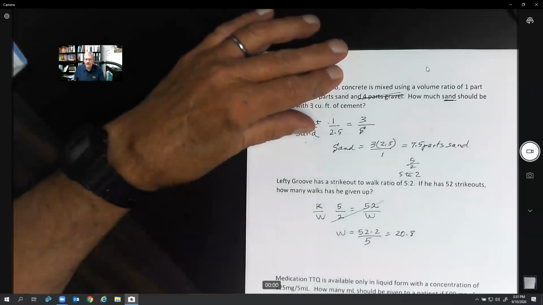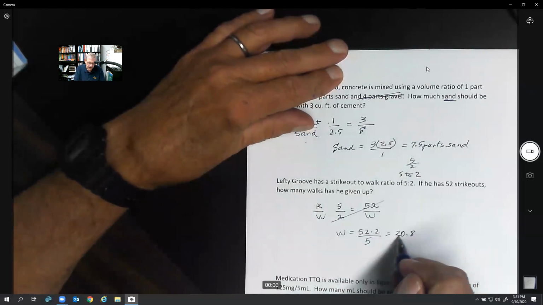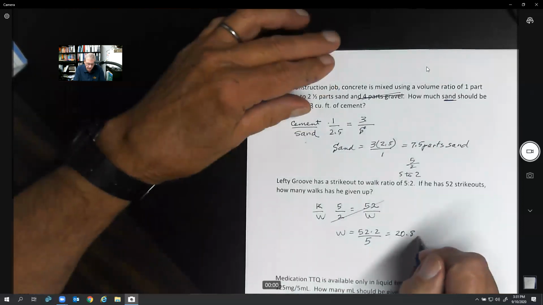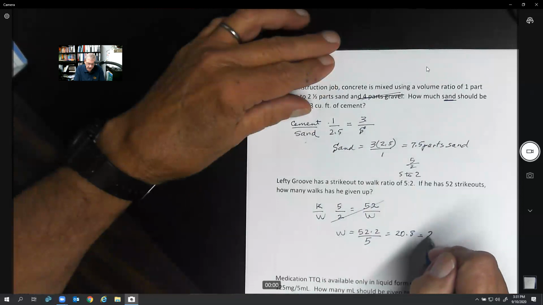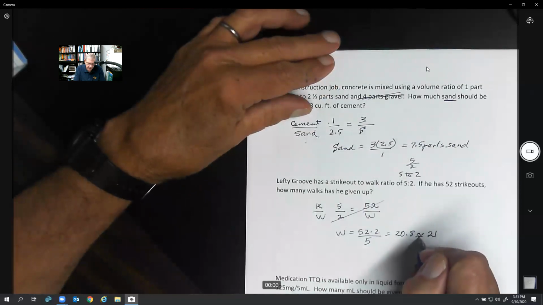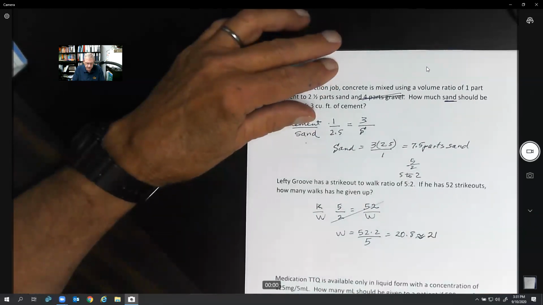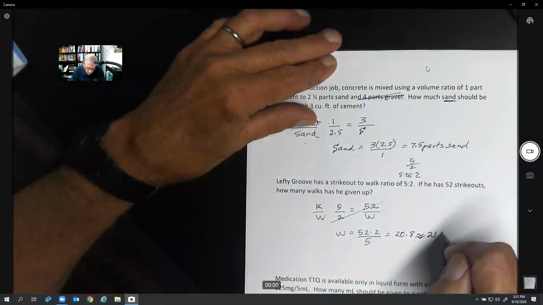So we're going to round this up because 8's kind of a big number. You can't have 8/10 of a walk. He's not in the middle of a pitch. So we would say 21. And if we want to show approximately, we make kind of wavy lines. That means approximately. 21, let's label it walks.